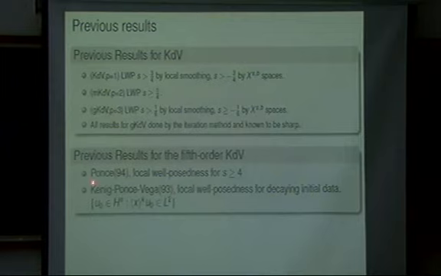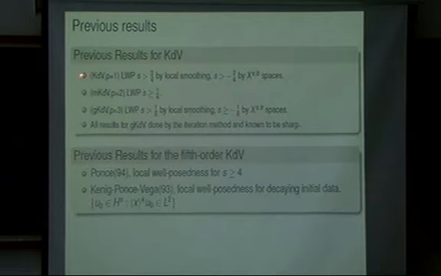But one of the previous results for the fifth order KdV equation was done in '94 by Ponce. The local well-posedness is shown when s is greater than or equal to 4. He used the energy method and couldn't use the iteration method. And the other result, by Kenig-Ponce-Vega, finds the local well-posedness theory for decaying initial data.